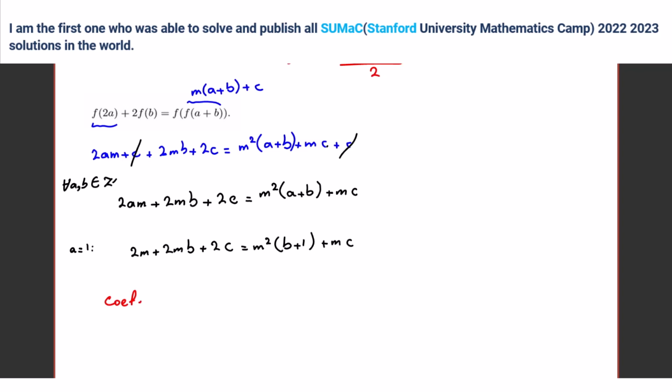Is it a polynomial in b? It is a polynomial in terms of b because only b can change. All other terms are constant. It is a polynomial in b with degree 1.